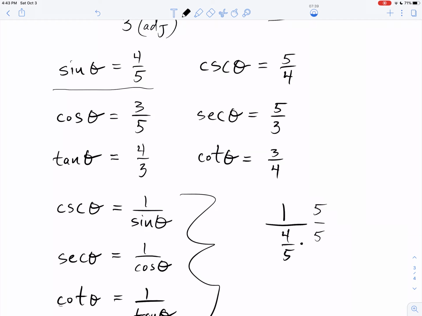I'm multiplying by 5/5. That's 1. What would I get if I multiplied top and bottom by 5? Well, in the top I'd get 5, and the bottom I'd get 4. So when I say find the reciprocal, the shortcut way of doing that is just to invert it or flip it over. Flip it over, right?